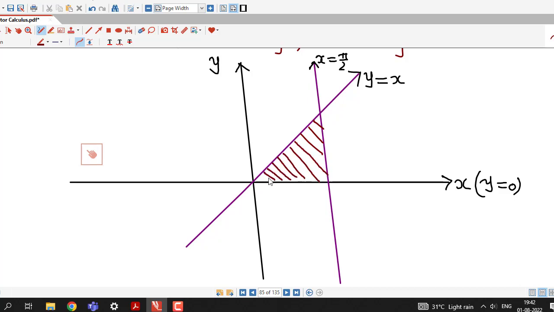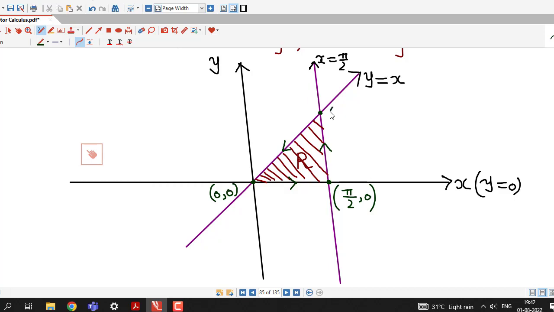and the boundary of this region is given curve. So R is the region of integration, and we consider this as curve C. So curve C is union of three smooth curves. This point is 0 0, this line is x equal to pi by 2, therefore this point has coordinates pi by 2 comma 0.